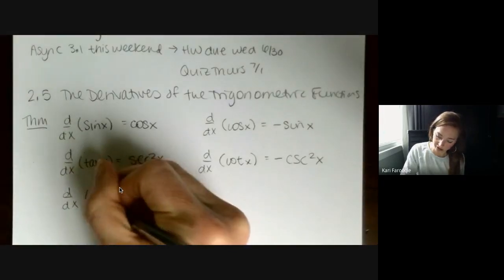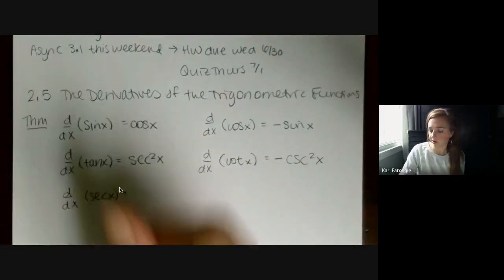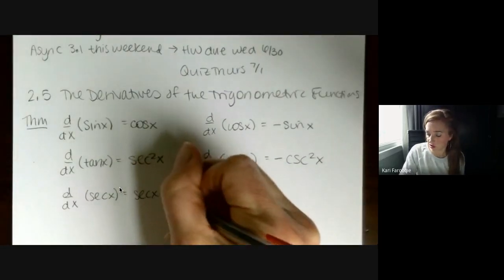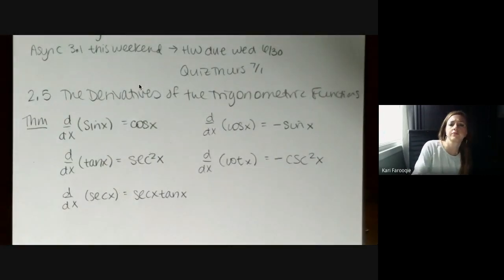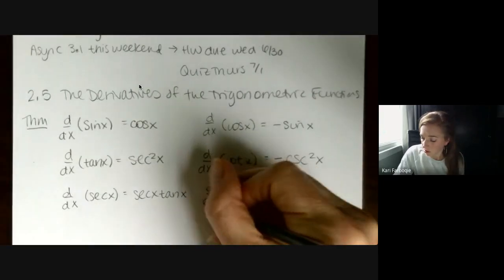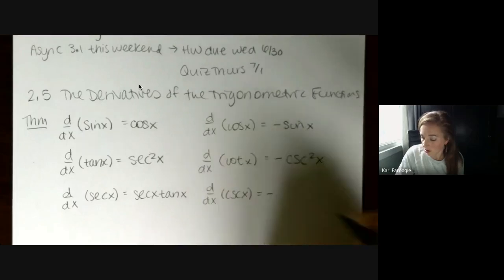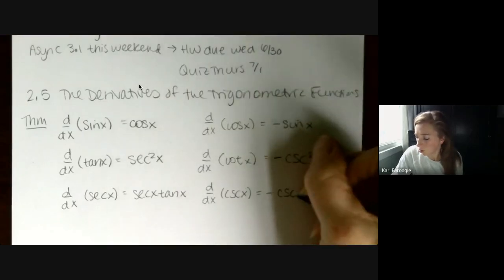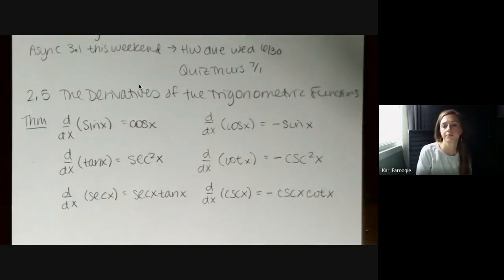And then for the secant of x, the derivative of the secant of x is the secant of x times the tangent of x. Just say secant x, tangent x. And then as you can imagine, for the derivative of the cosecant of x, you're taking negative cosecant x cotangent x.